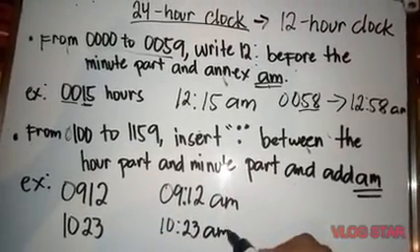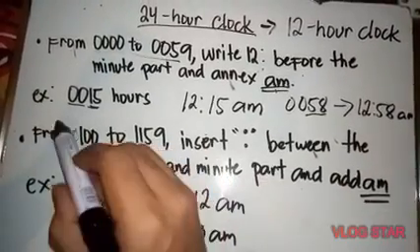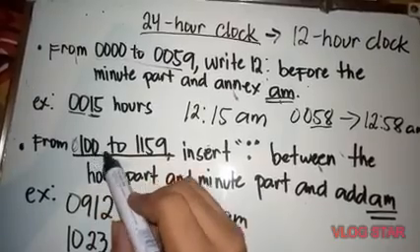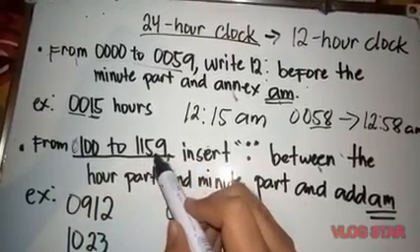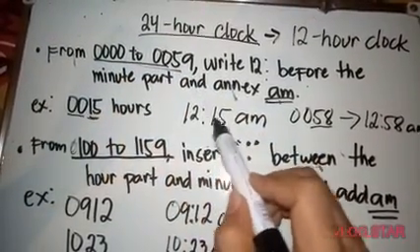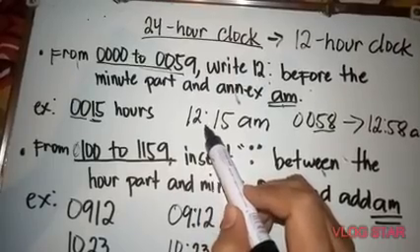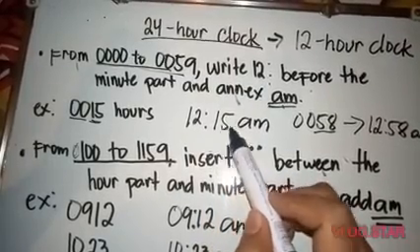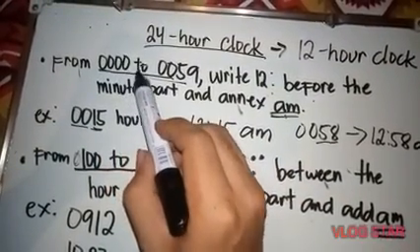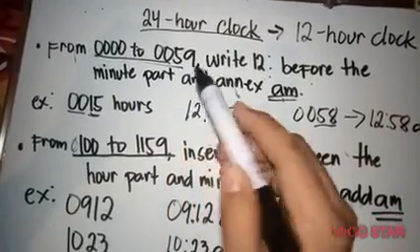You can only use this when it is 0100 to 1159. You can also use 12, then the minutes plus AM, if it is 0000 to 0059.